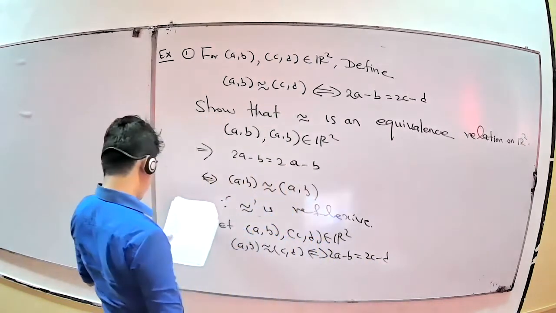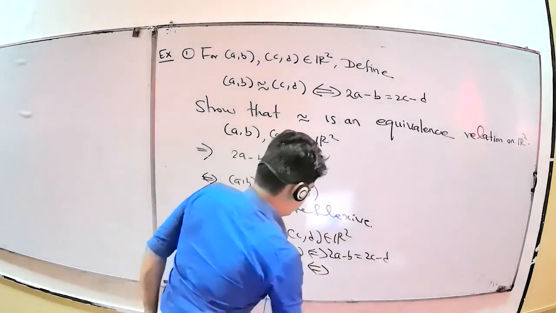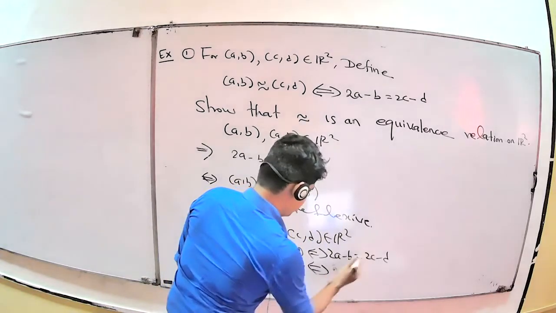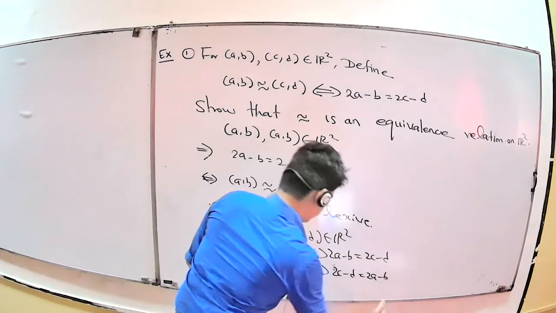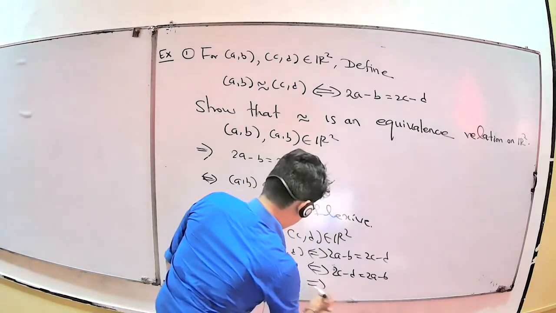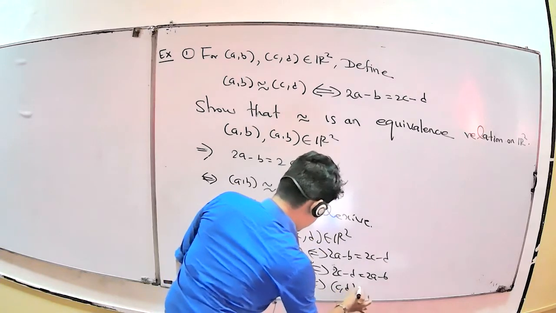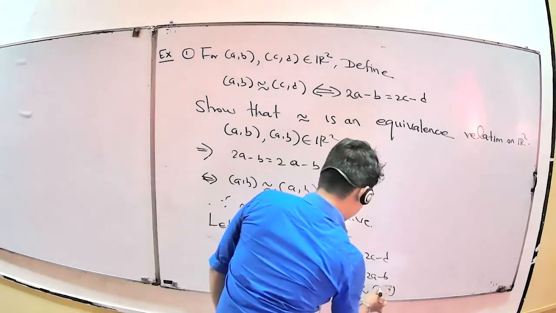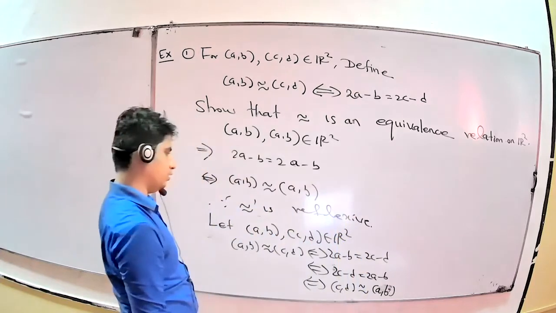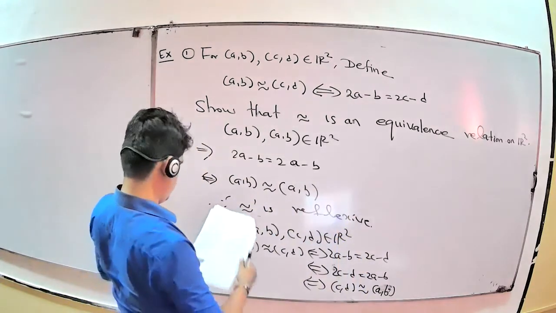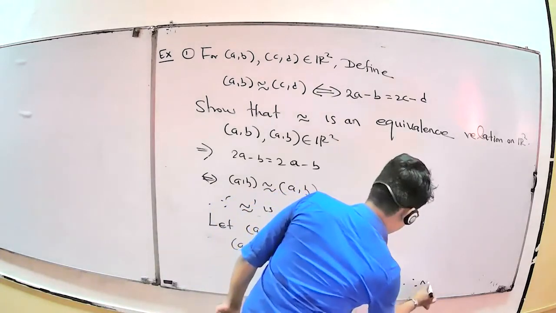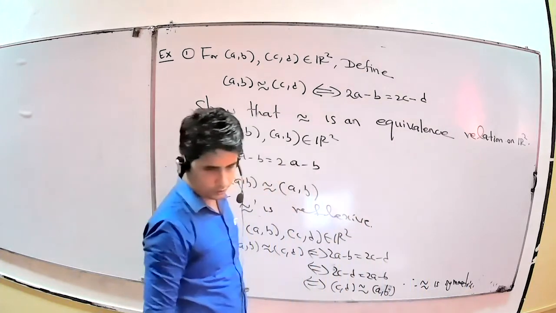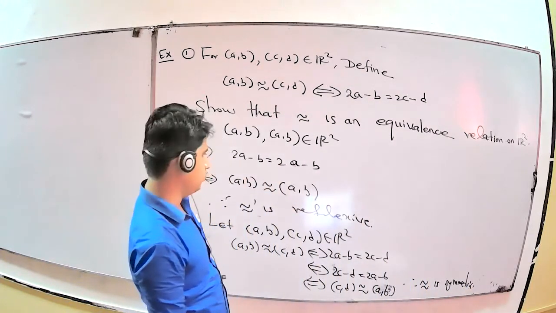Then you take 2c minus d equal 2a minus b. This means (c, d) is related to (a, b), which is called a symmetric relation. Therefore, this is symmetric.